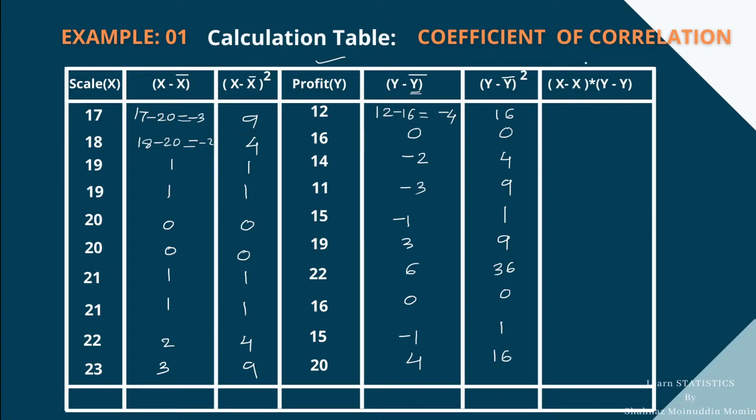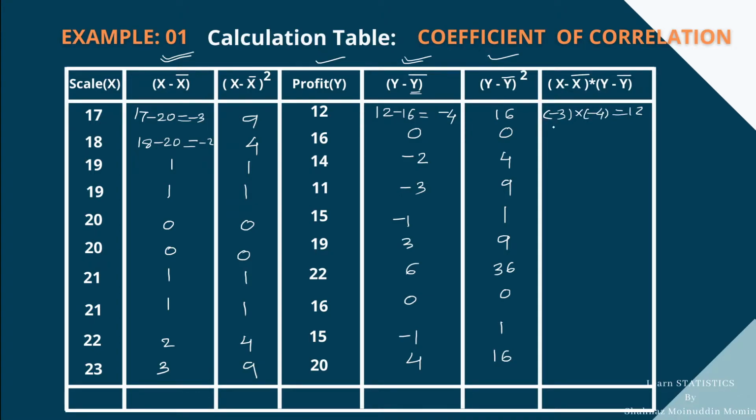Now the last column is the multiplication of x minus x bar into y minus y bar. That means we multiply this x minus x bar column and this y minus y bar column. The first value is minus 3 into minus 4, that is 12.